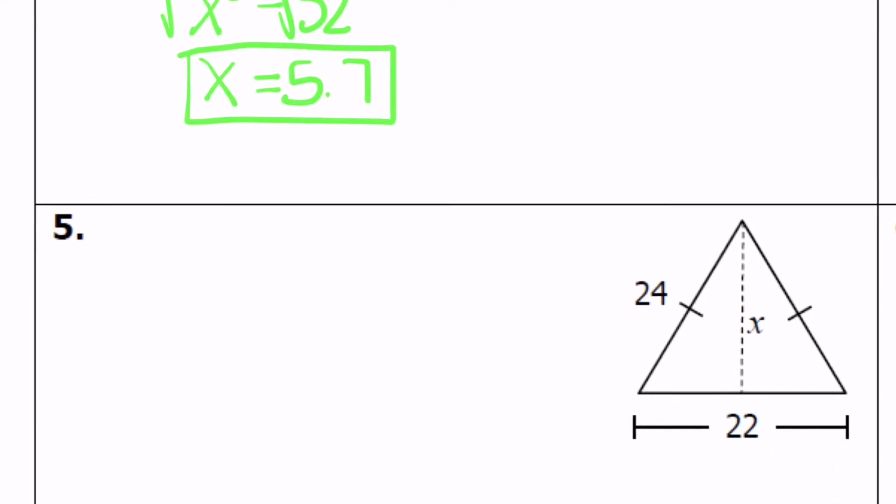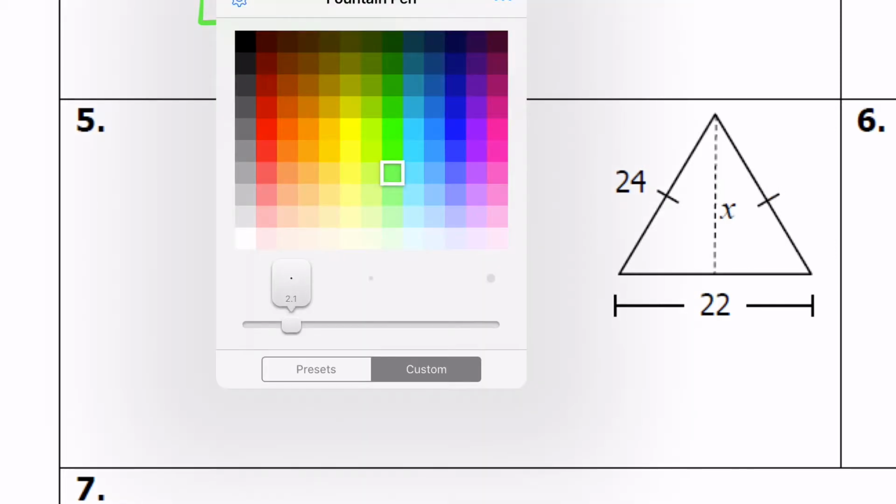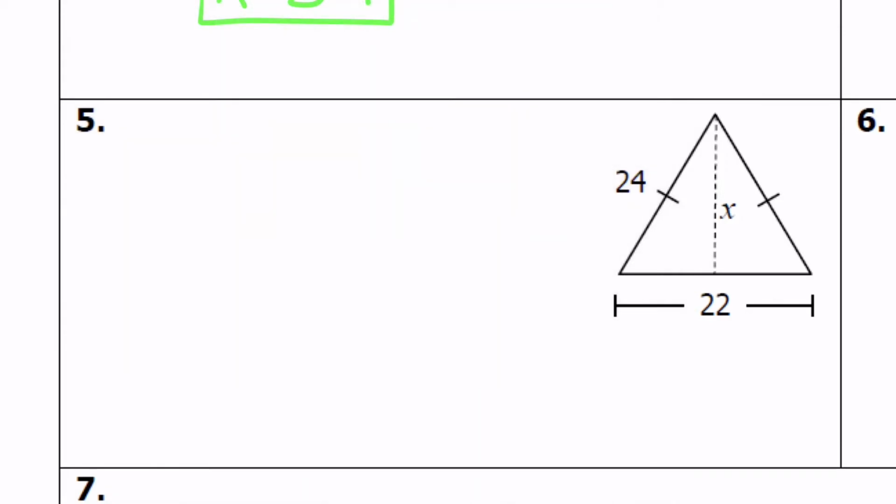All right. We can also use the Pythagorean theorem when we're looking at different types of triangles. Think about what kind of triangle the one on number 5 is. Notice the 2 tick marks there tell me those 2 sides are congruent, which means this is an isosceles triangle.